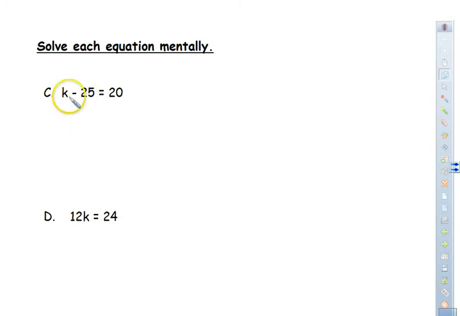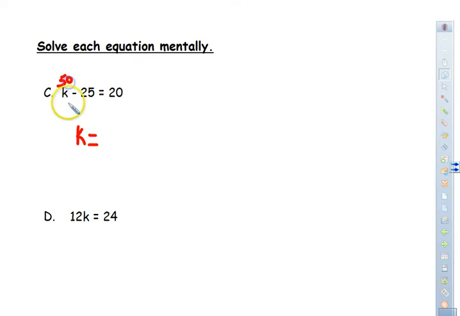Alright, once again, working left to right, we always start on the side of the equation with the variable, because that is what we are trying to solve for, so it's going to be k equaling a number. Now, since this is positive, this number is going to have to be larger than 25. So we can start looking at numbers larger than that, and we can try 50 maybe.